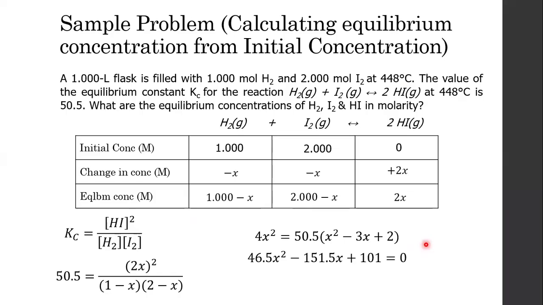Okay, now, of course, at this point, you should be able to get that we're trying to solve for the value of x. Okay, and since you can say this is not a quadratic equation that is easy to factor out, then you should use the quadratic formula.